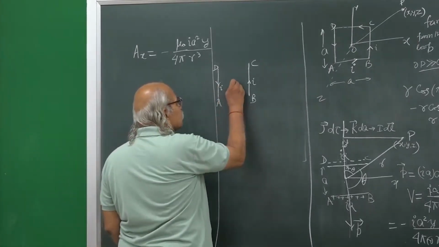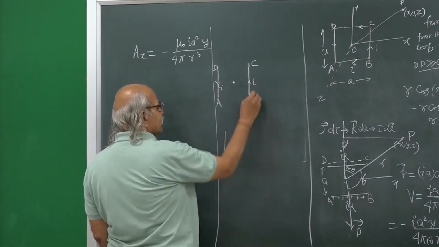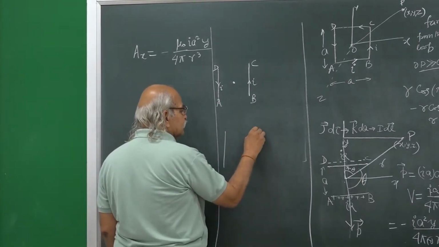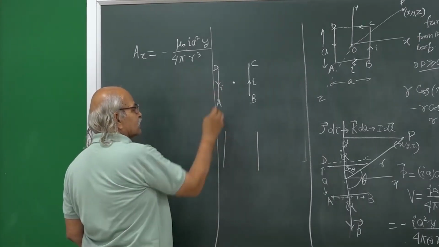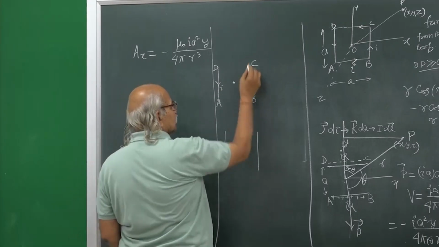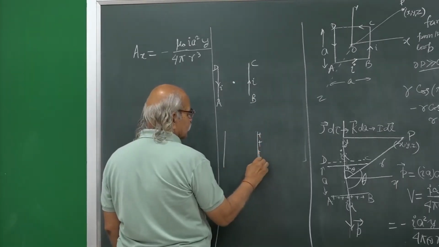So, here is the origin, and if I write correspondingly, mentally, I treat them as charge distribution with linear charge density I. This is positive direction. So, plus charge here, how much?